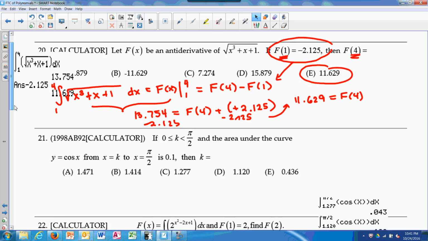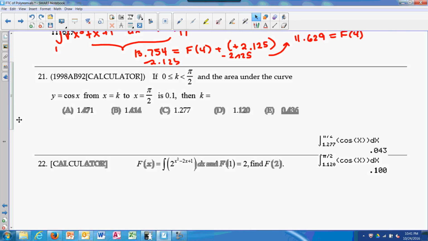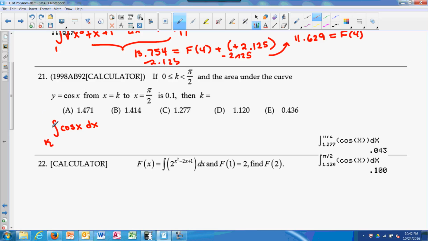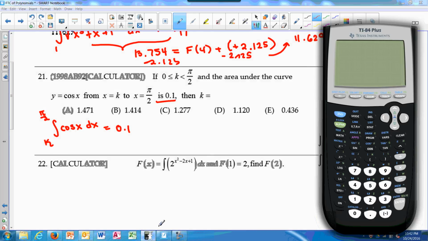Okay, for this next part, the area under the curve cosine of x from k to pi over 2 is 0.1. The area under cosine of x from some unknown value to pi over 2 is equal to 0.1. The easiest way to do this is to take these values here and try them out.